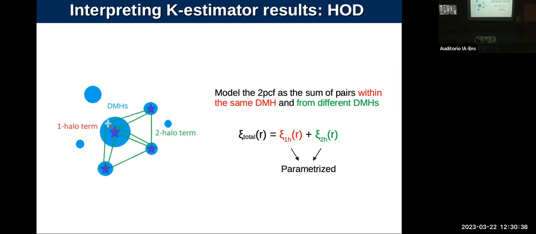These are at much larger scales, and this is what we call the two halo term. So the two contributions together from small and large scales will give me a total correlation function. Of course, all this is parameterized, and these models are provided by Takamitsu. I just apply them to my data.